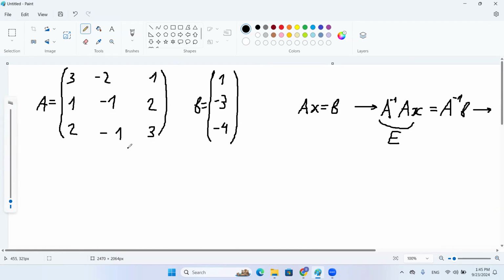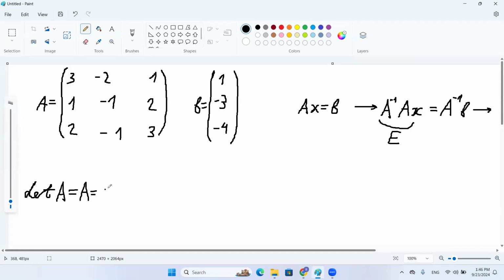So now let's calculate cofactors. No, let's better firstly calculate the determinant. By the way, we can mark a determinant in this way, det A or just delta, as you like.